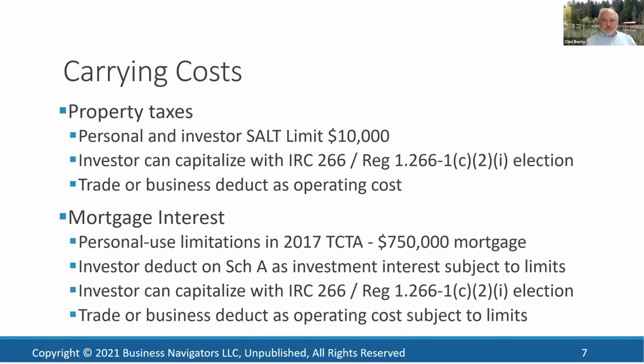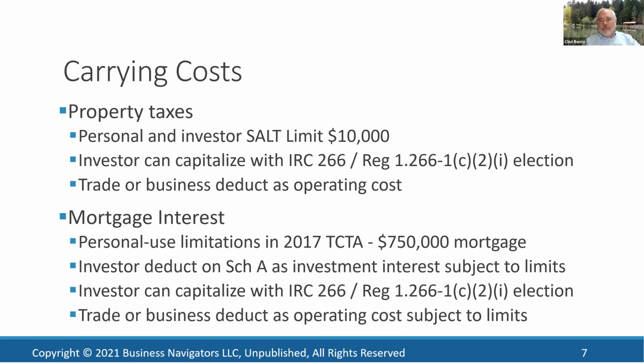Mortgage interest. If we're a personal use taxpayer, so if this is based on your personal residence, again, the Tax Cuts and Jobs Act of 2017 limited the amount of interest you can deduct to a mortgage of up to $750,000. So if you take out a $1 million mortgage, only 3/4 of that, 750 divided by the million, only 3/4 of the interest would be deductible.